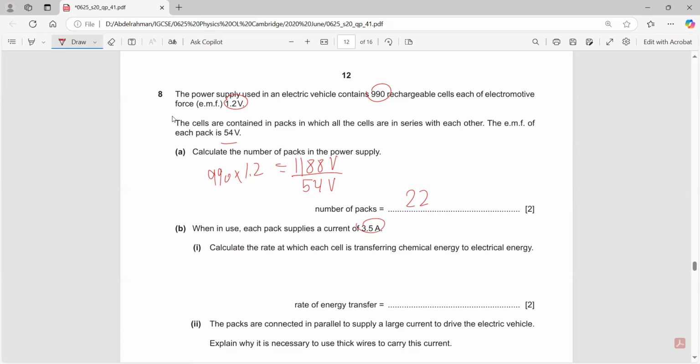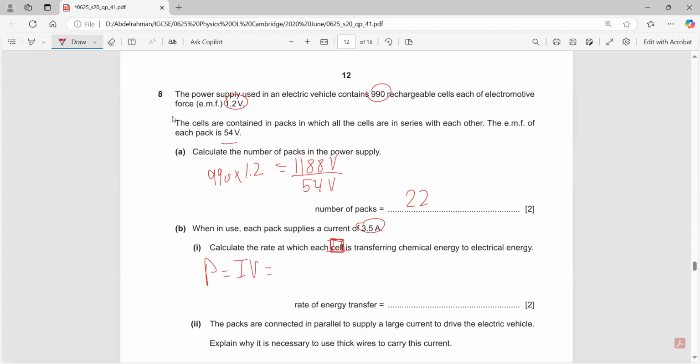When in use, each pack supplies a current of 3.5 amperes. Calculate the rate at which each cell is transferring chemical energy to electrical energy. Rate of transferring energy is power. So basically, we need to calculate the power. Power equals IV.